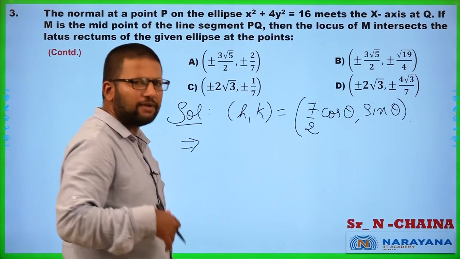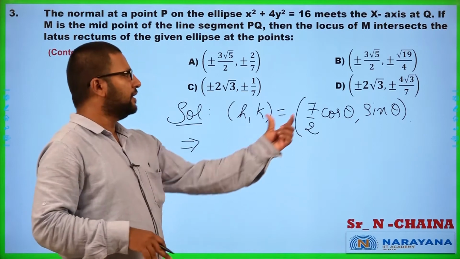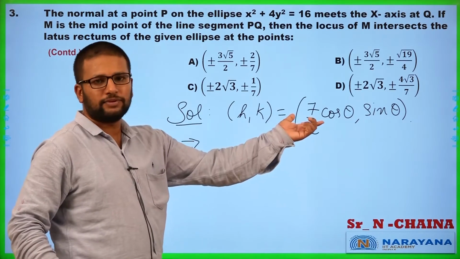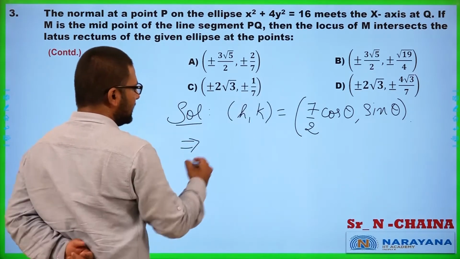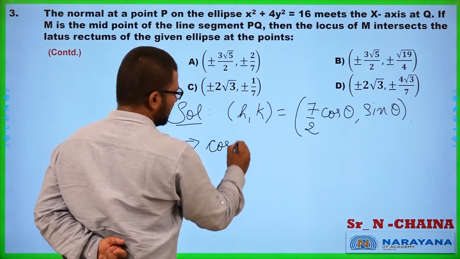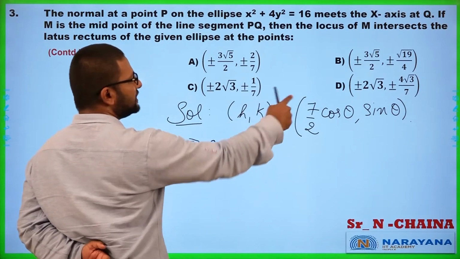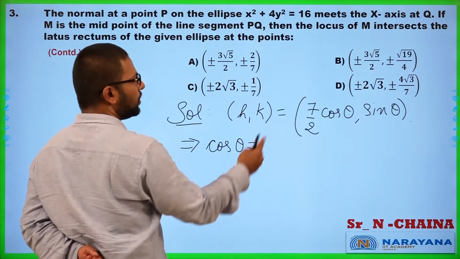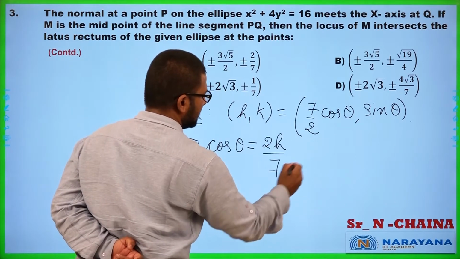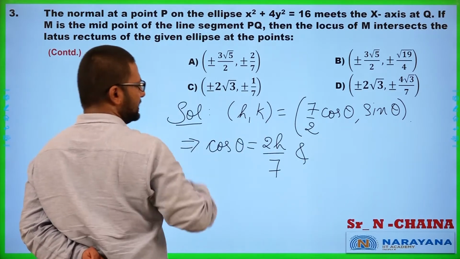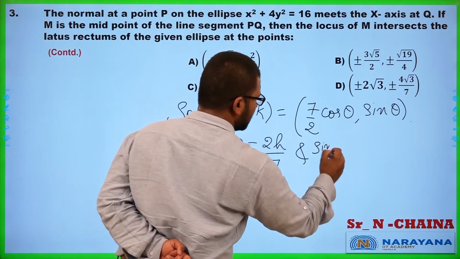And therefore, by now you would have done enough of such locus questions. We have to get rid of theta, right? So we will find cos theta and sin theta and square and add. So directly, can we say cos theta is, see, h is 7 by 2 cos theta, therefore cos theta is 2h by 7, correct? And k is sin theta, so sin theta equal to k.